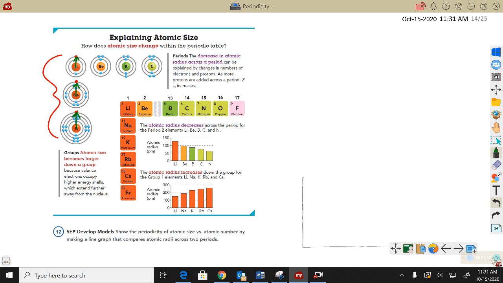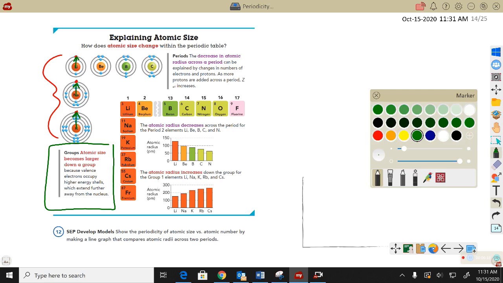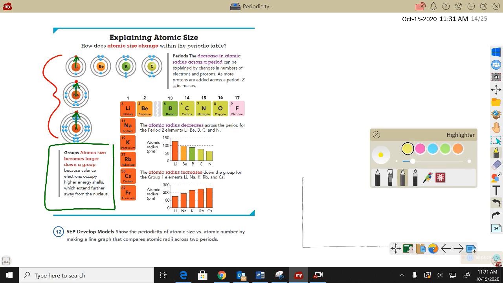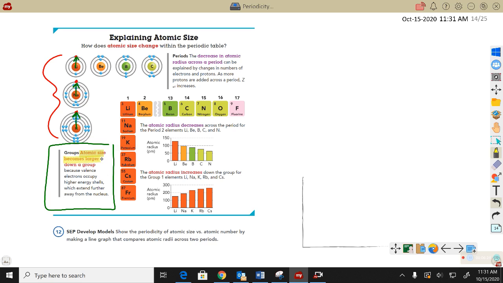Those outer electrons are really, really far from the nucleus. Going down a group, this is important: atoms get smaller by radius. I should say, what? Larger. Atomic radius is larger.